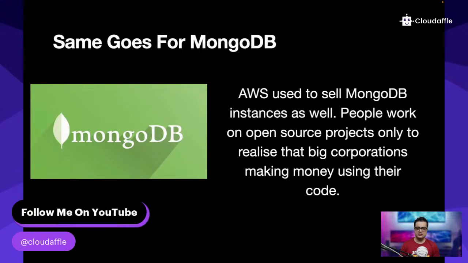But earlier, AWS used to sell hosted MongoDB instances, and MongoDB was open source, and MongoDB couldn't do anything about it. So just keep working for free for big organizations, keep developing open source software, and these guys would sell your open source software as a service to businesses and make money out of it.